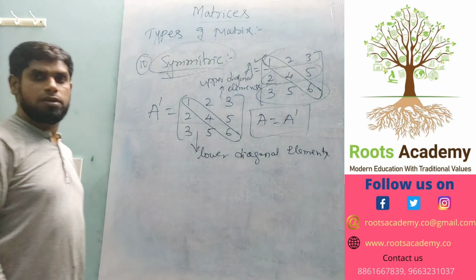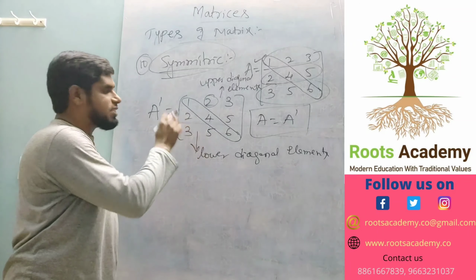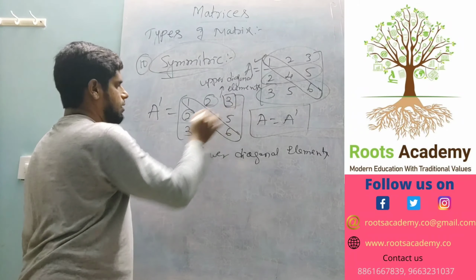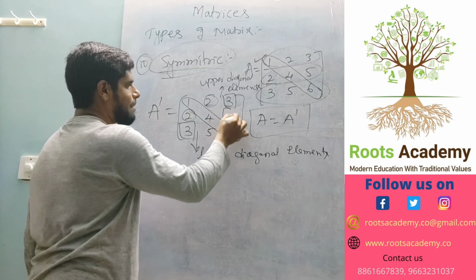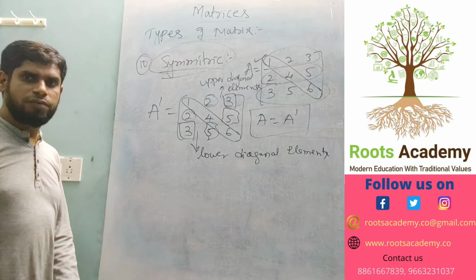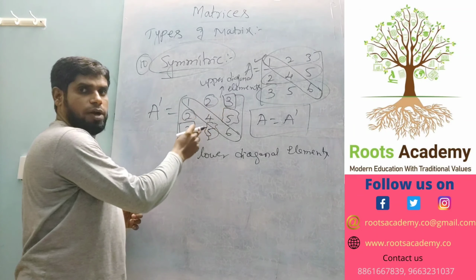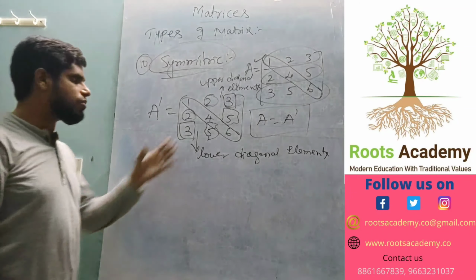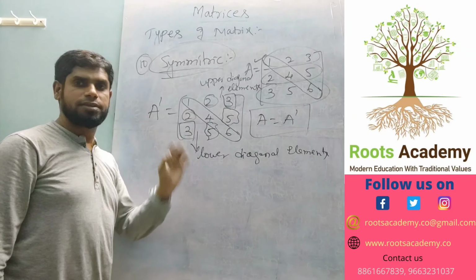See, both are equal. The first element of the upper diagonal is 2, and the first element in the lower diagonal is 2. The second element is 3 here, and here also it is 3. The third element here is 5, and here also the third element is 5. So if a matrix is symmetric, then the upper diagonal and lower diagonal elements are equal. So we can easily understand whether it is symmetric or not with this property.